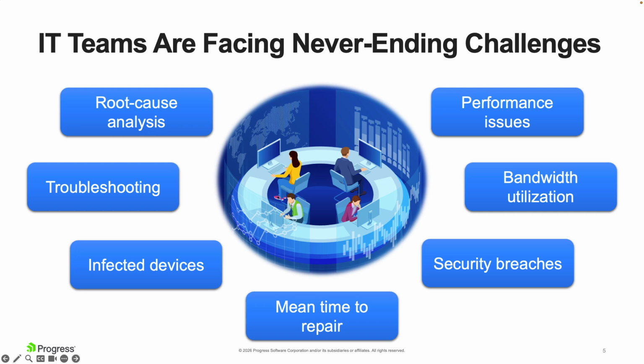So there are a number of different things that can happen. As I mentioned, users can complain and you don't see anything. So having deeper traffic analysis and deeper visibility, being able to pinpoint the root cause of the issues. What if there is a bandwidth spike with no obvious cause?